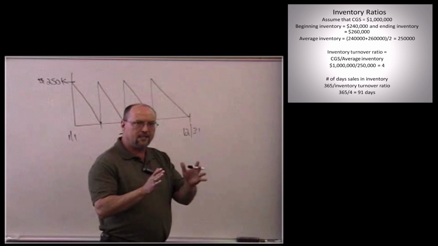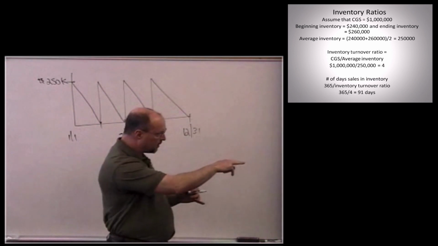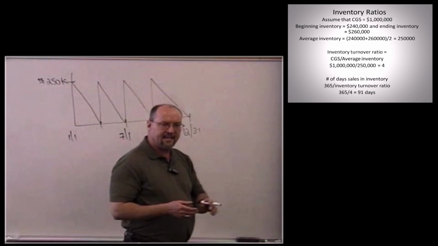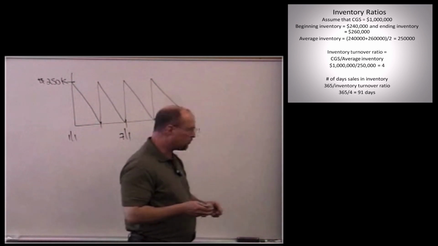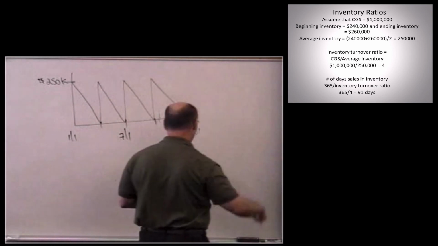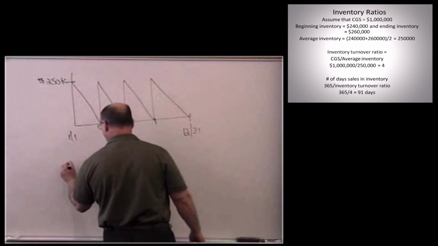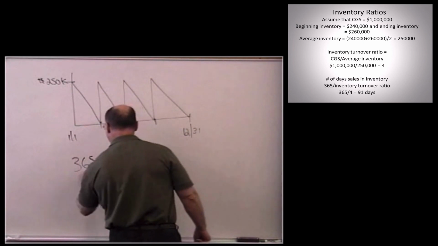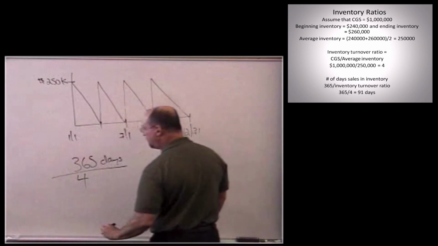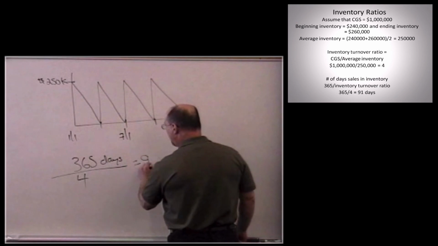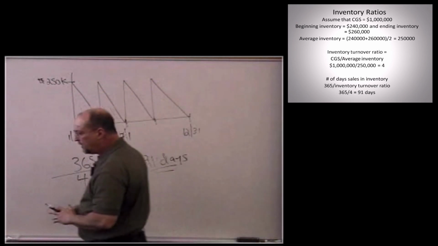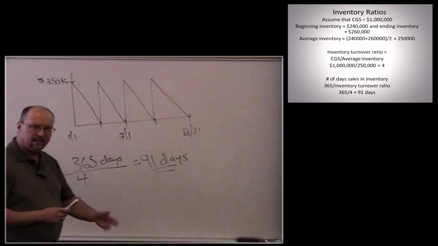Now, we didn't literally do that. So the second ratio takes the exact same information, and it says, how many days did it take us, on average, to sell our inventory? So if our inventory turnover ratio is 4, then I simply take 365 days, and I divide it by my inventory turnover ratio, and what that tells me is that it took approximately 91 days for me to sell my inventory.